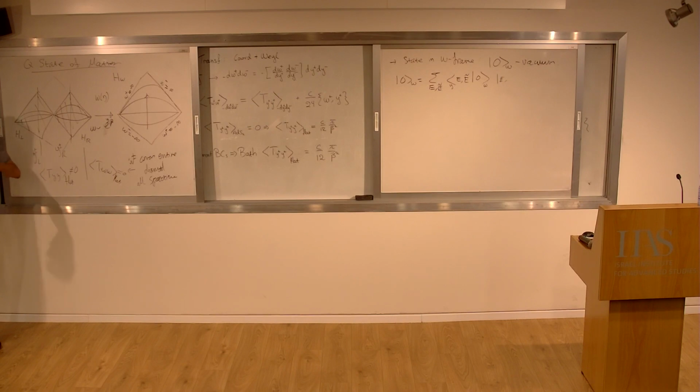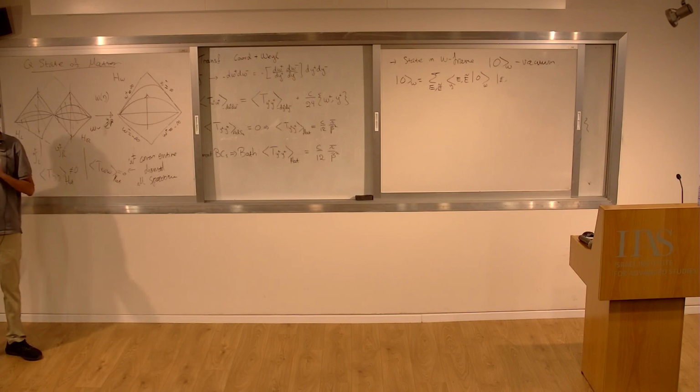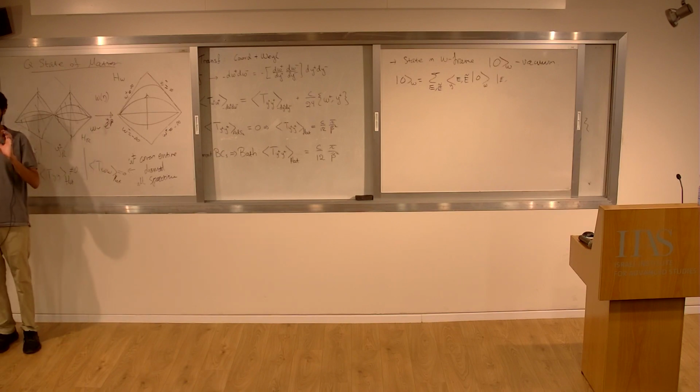It is. Yes, it is. It is an SL2C transformation of the X coordinate, the Poincare X coordinate. But if we said that the expectation value of the energy momentum tensor vanished in the y coordinate? Yeah. So okay.